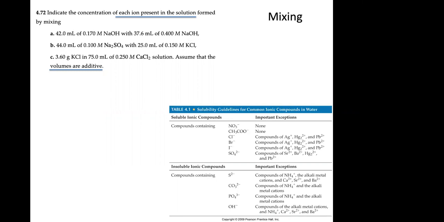More sodium, more hydroxide. So the sodium is coming from both of those solutes, and the hydroxide is coming from both of those solutes. In each of the cases, if I want to know concentration, I need to know moles and liters. How can I get moles? I'm back to having solution information. Molarity and volume can get me number of moles. And that's true for all of these examples.